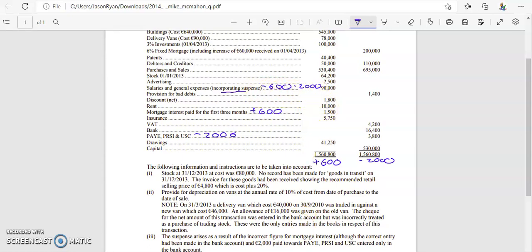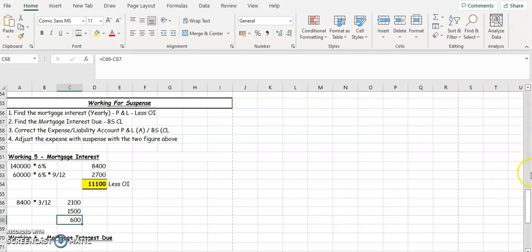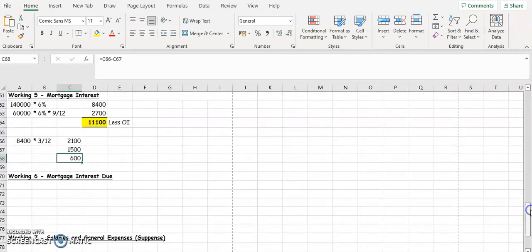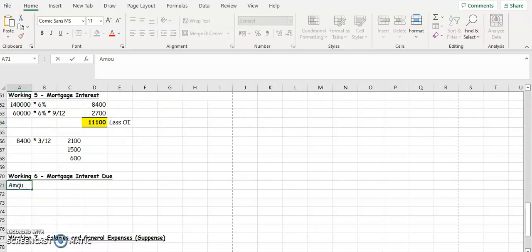So if you go back to our figure here, okay, so our little adjustments that we need to do here. So we said our steps: calculate the mortgage interest for the year. That's going to be taken away from our operating income. Find out our mortgage interest due. So our mortgage interest for the year is 11,100.